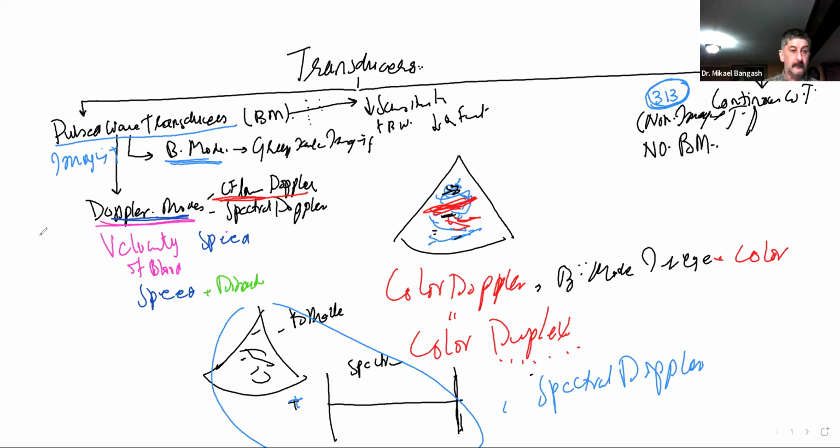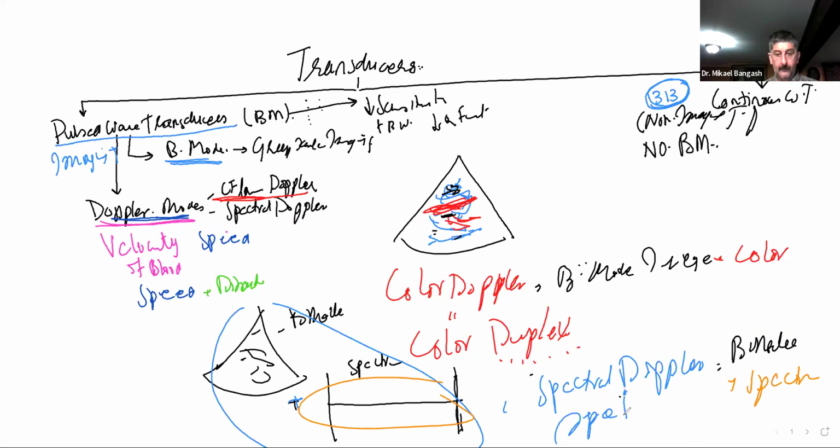Nothing more than your B mode image along with the spectrum. But this spectral Doppler can also be called a spectral duplex.